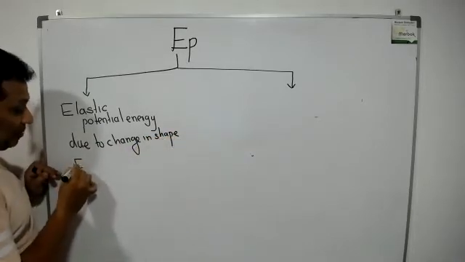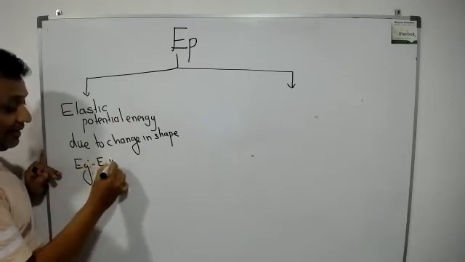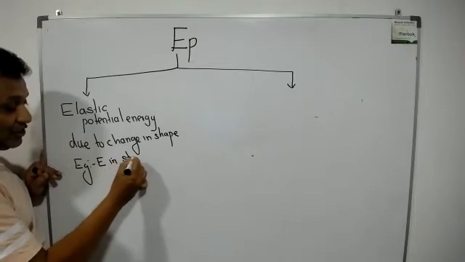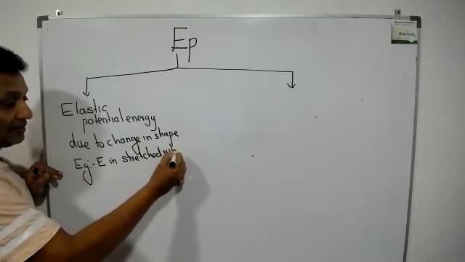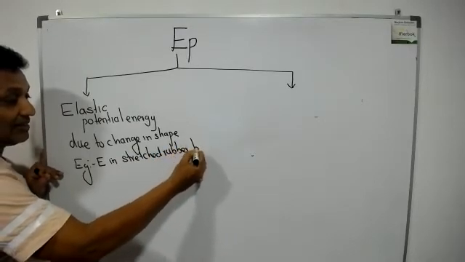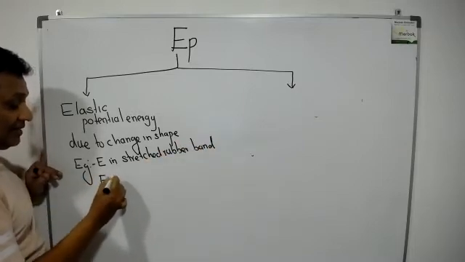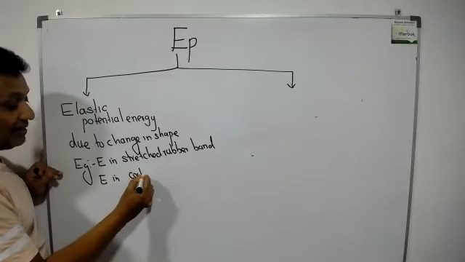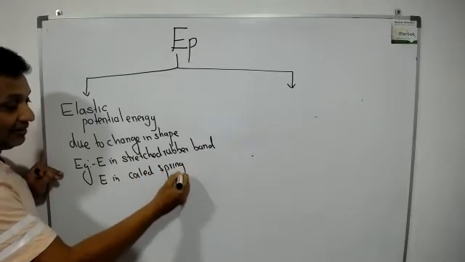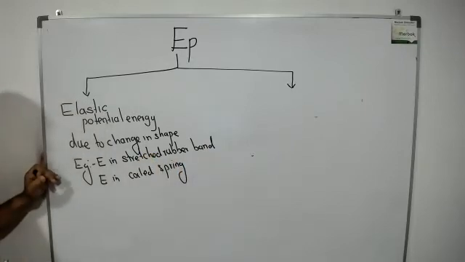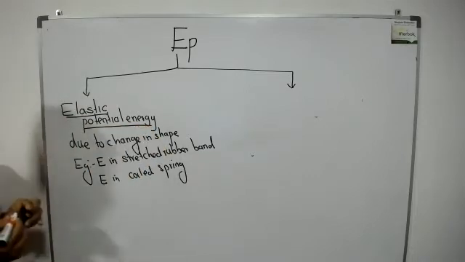What are the examples? Energy in stretched rubber band. Energy in coiled spring. So that is what kind of energy? Elastic potential energy.